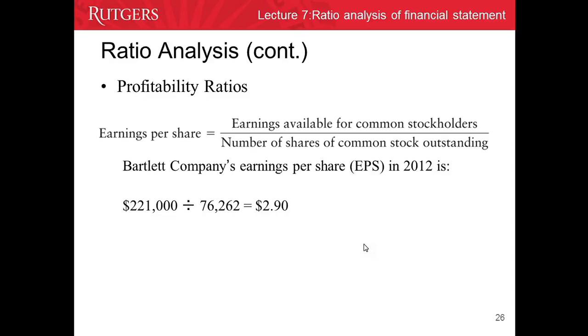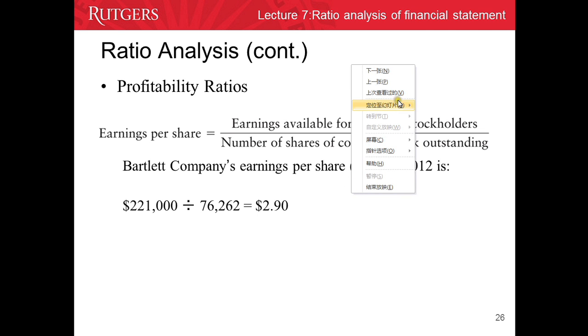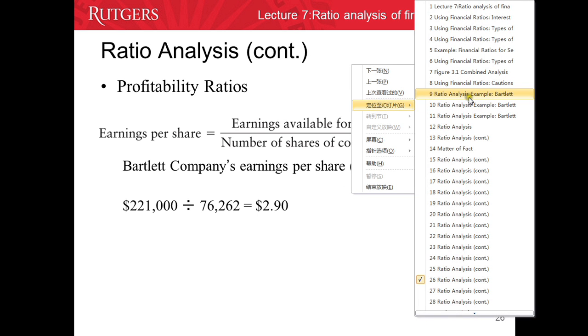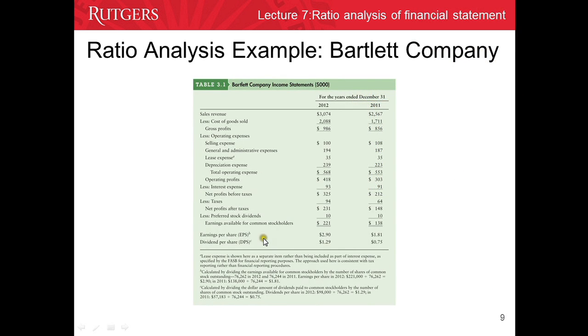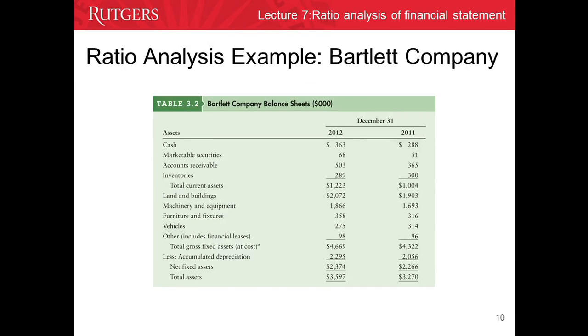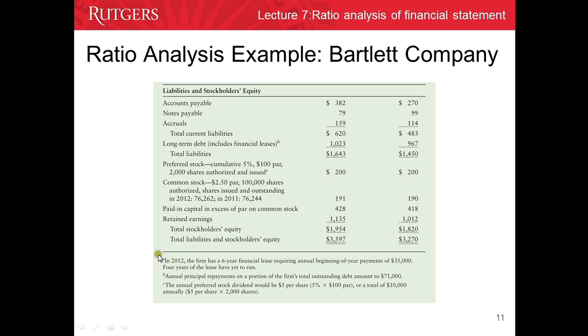Another profitability ratio is earnings per share. It equals the earnings available for common stockholders divided by the number of shares of common stock outstanding. Let's go back again. Since we already found the earnings available for common stockholders equals $221,000, we can find the number of shares of common stock outstanding in the balance sheet here.